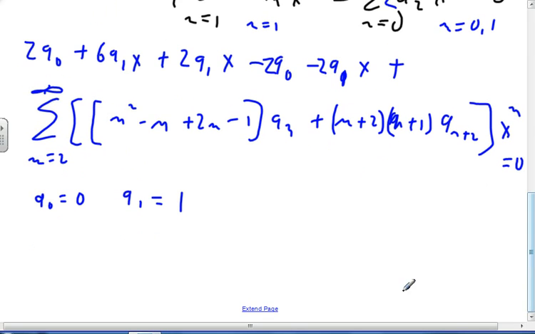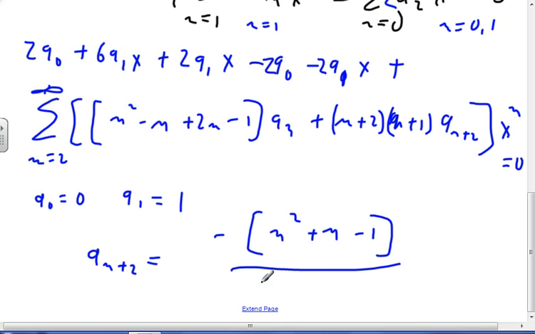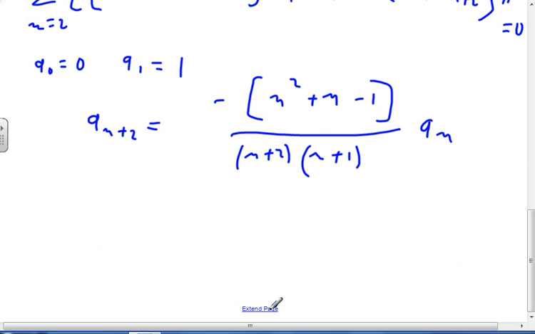We have a recurring formula, a n plus 2 equals minus n squared plus n minus 1 divided by n plus 2 n plus 1 times a n, for all n greater than or equal to 2.